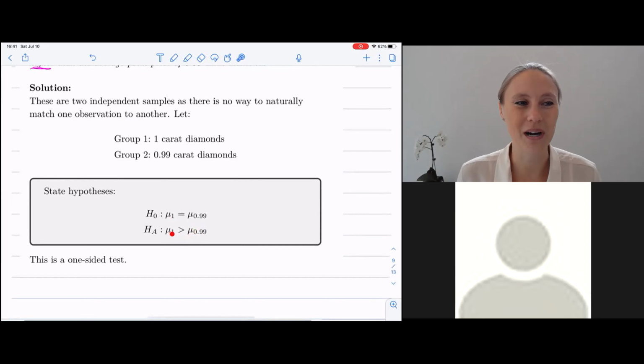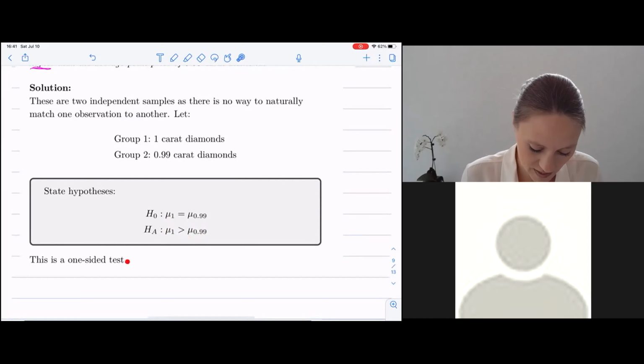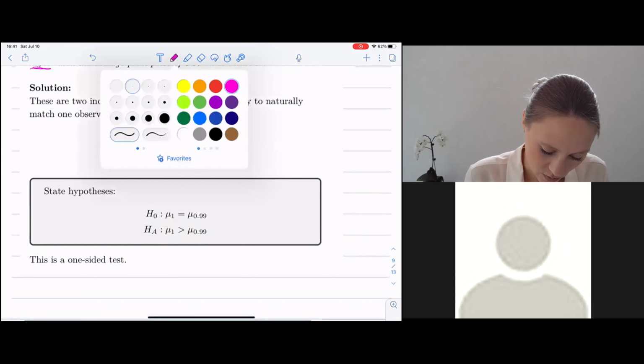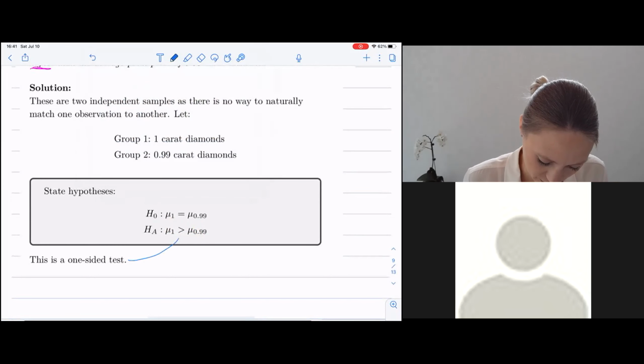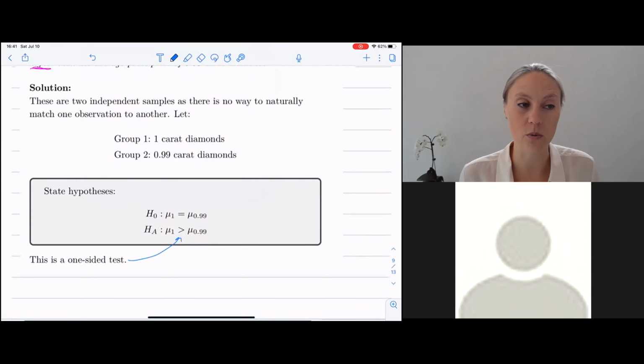And then what we're hypothesizing and what we want to test is if mu1 is greater than the mu of 0.99, right? 1 carat diamonds, do they have a higher per point price than 0.99 carat diamonds? This is a one-sided test. Why? Because we only care about one side, one extreme, right?